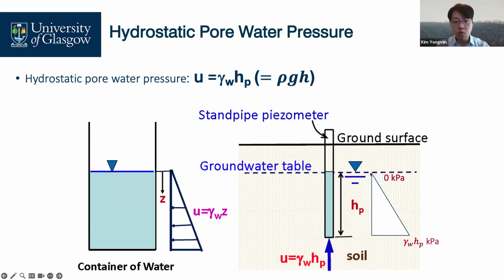At 1 meter, 9.81 kilopascals; at 2 meters, 19 something kilopascals. It gradually increases. In a 2 meter swimming pool, you are supposed to feel more pressure. Then 3 meters, 4 meters.